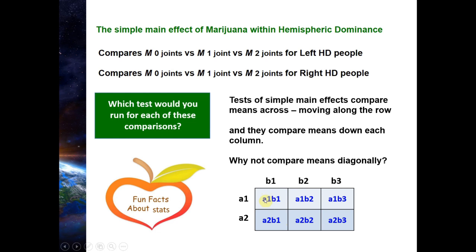It went from A1 to A2, so maybe that is responsible for the change, because there was a difference in A's. But B1 also changed to B2. So you see how both variables changed, variable A and variable B? A went from A1 to A2. B went from B1 to B2.